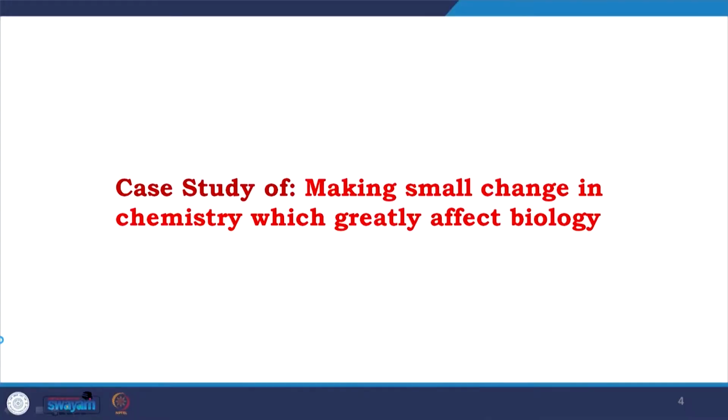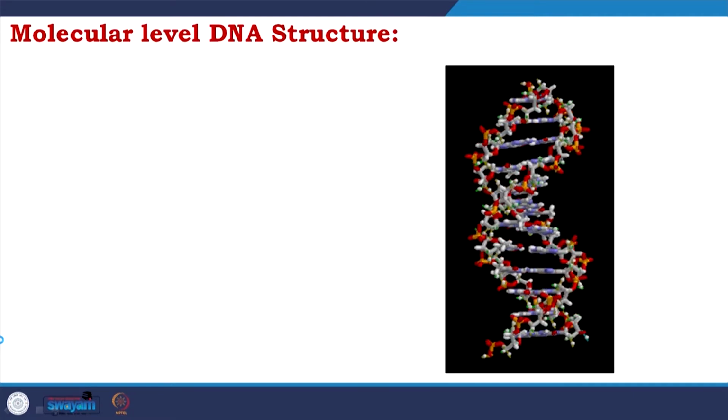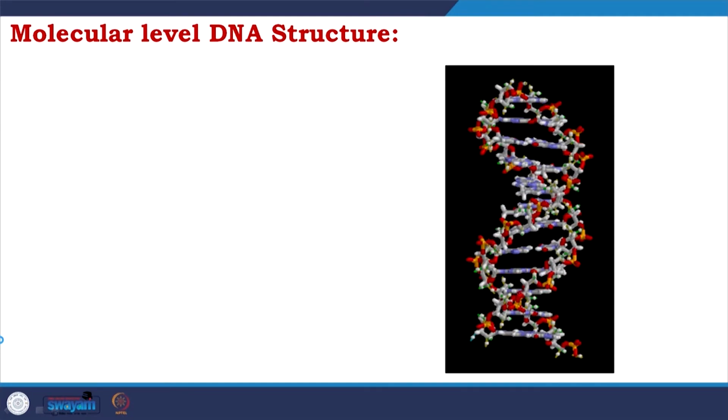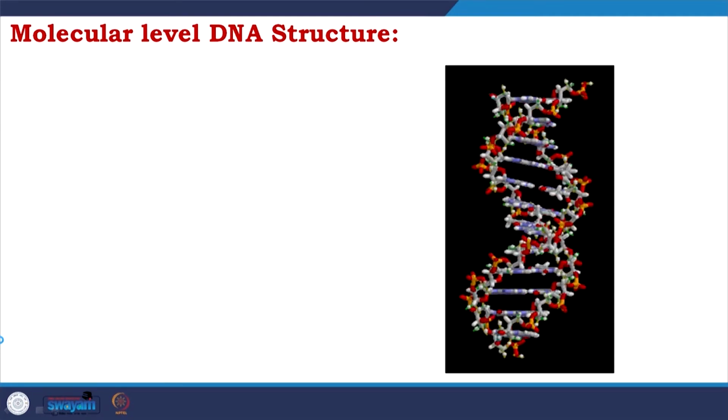To explain what I mean by this, I take the help of a case study of a drug designing, which is the area of my research, and try to explain the whole concept. In my introductory classes, I have already talked about the molecular level of the DNA structure.